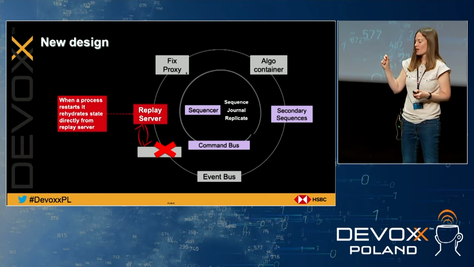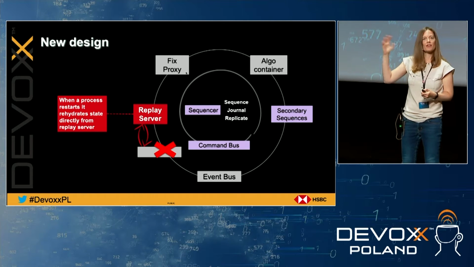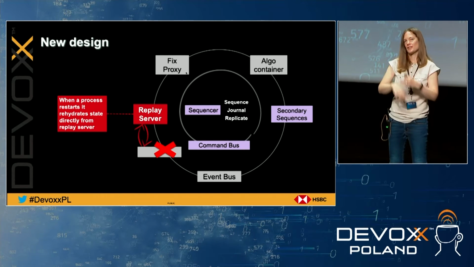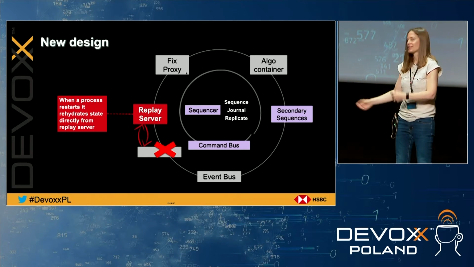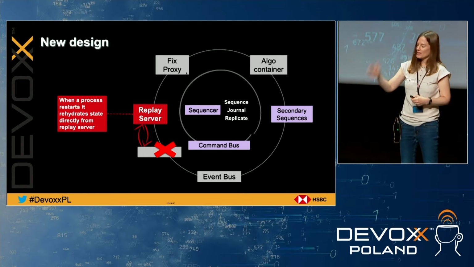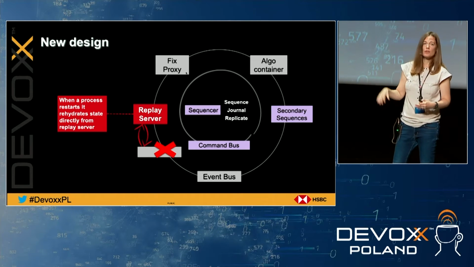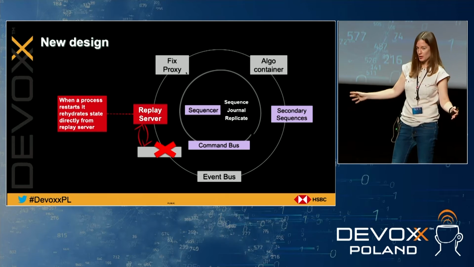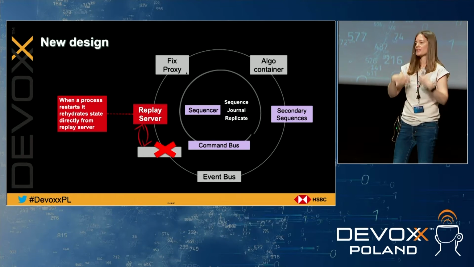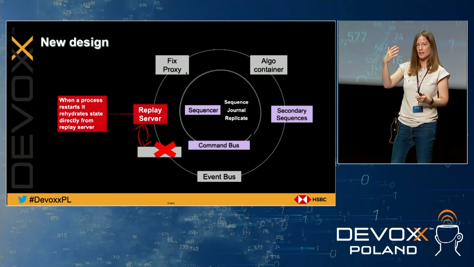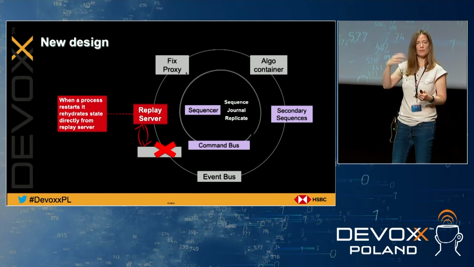Remember how previously, if one of our services goes down and needs to rehydrate the state of the world, it had to go to our primary OMS. Not efficient, right? We now have something called replay server, which can talk to the process that has stopped and is restarting. As it restarts, that replay server can send all of the state that it needs to get up to the point where we are.